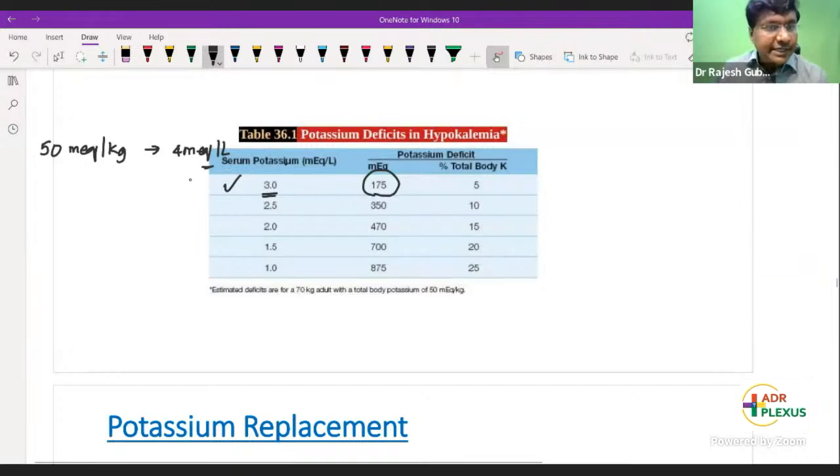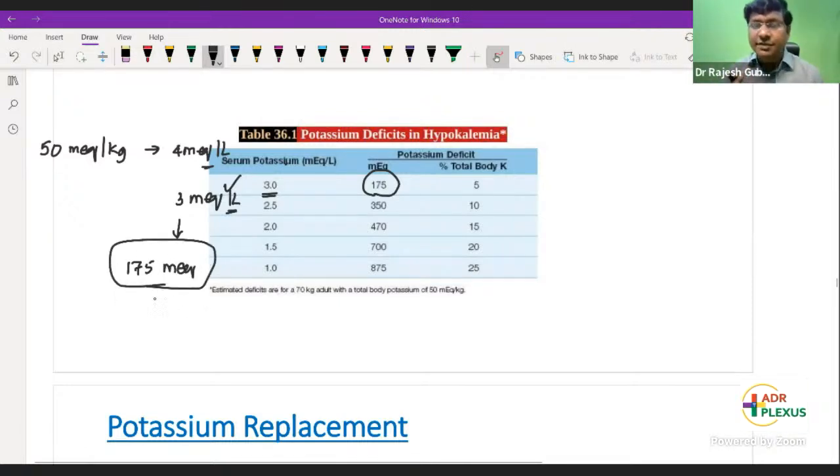Now, if the serum potassium value is around 3, what is the potassium deficit? The potassium deficit will be around 175 milliequivalents, total body potassium. That means how much of the potassium loss is there? That is 5%. Please don't get confused.